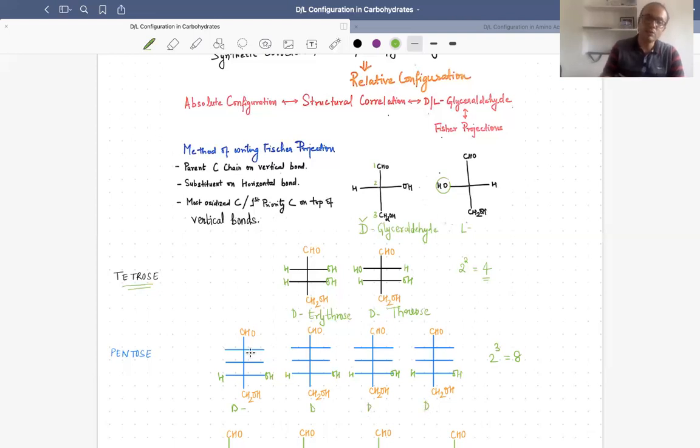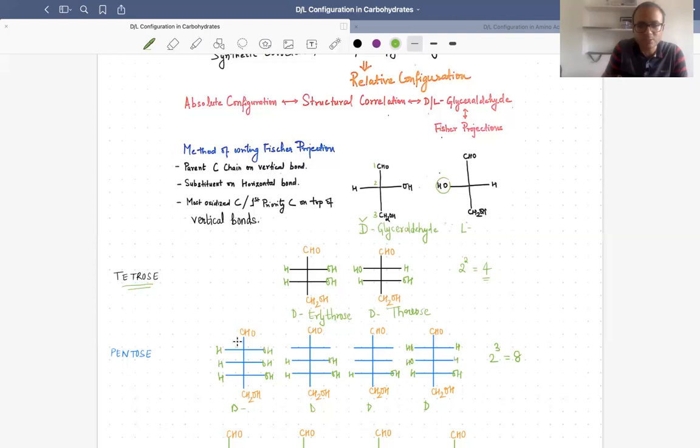Now the difference comes in the configuration of the others. One of them would have the OH on the same side for the other two. The other extreme can be both the OH on the opposite side. This would be nothing but keeping this particular chiral center constant. You can write H, OH, keeping it constant.